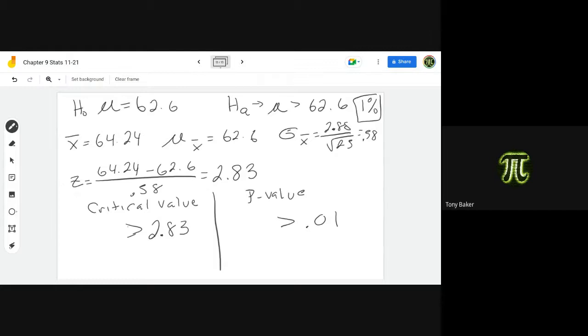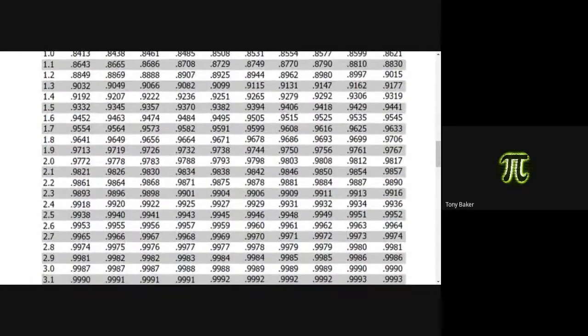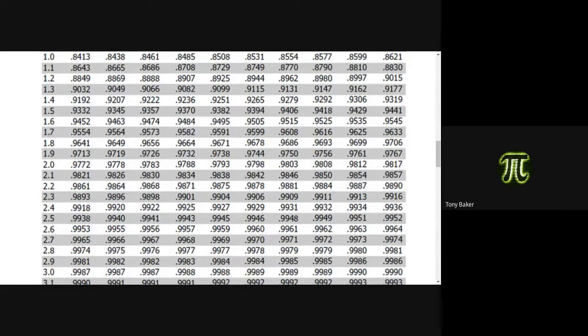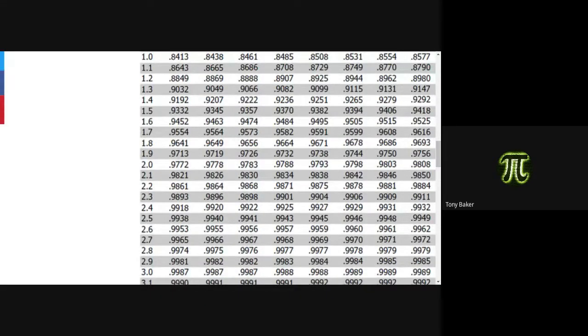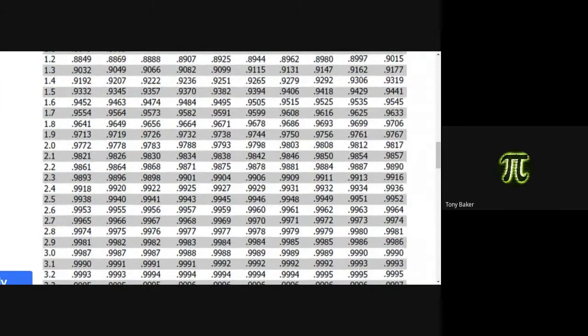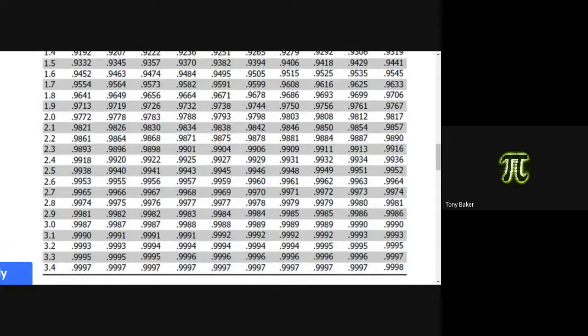Okay, so let's go to my z-score table. I need to go to the positive side. What was the number? 2.83. Yeah, it was 2.827, so 2.83. All right, so 2.83. So I think it's 0, 1, 2, 3. Gives me 0.9977.